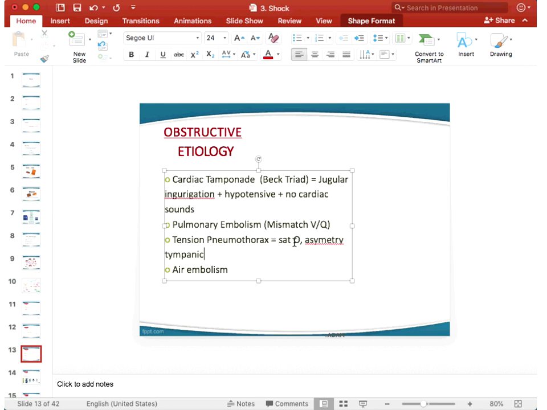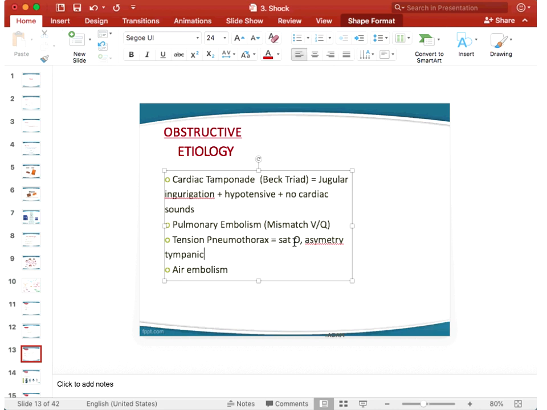Can you recall this term, tympanic? The normal sound that you have to hear when you percuss a patient is pulmonary resonance. Can you see the difference? When you percuss these kinds of patients, you will hear a hollow sound.